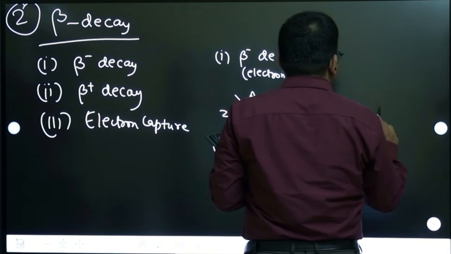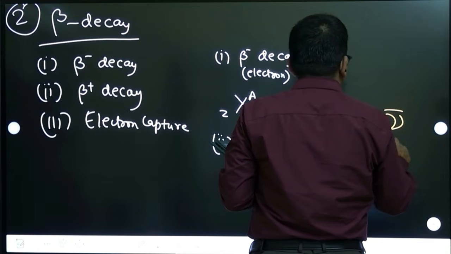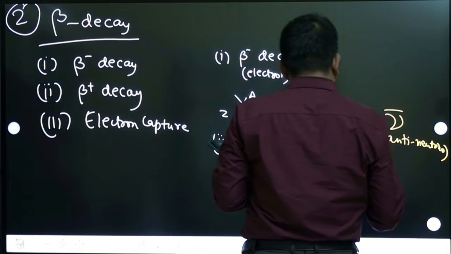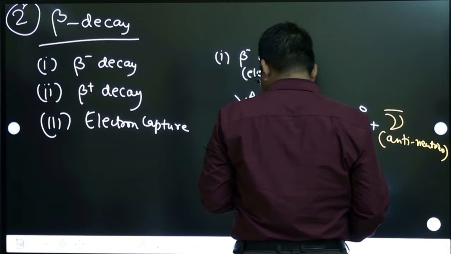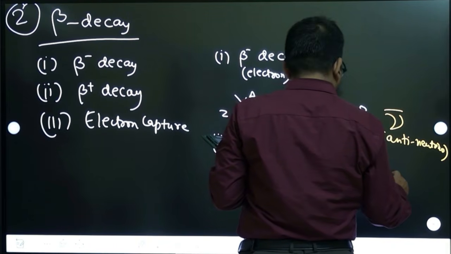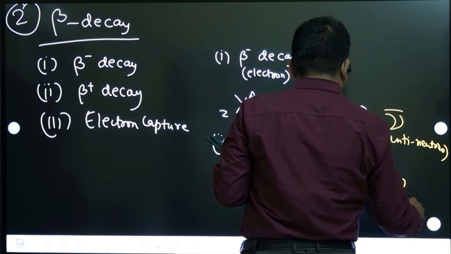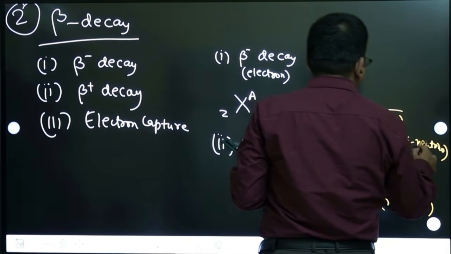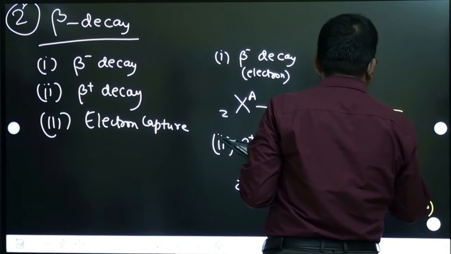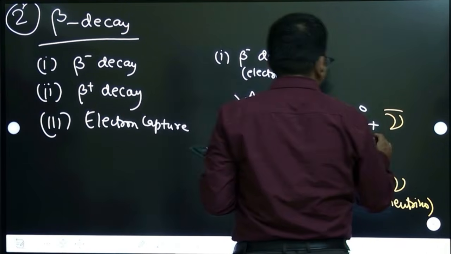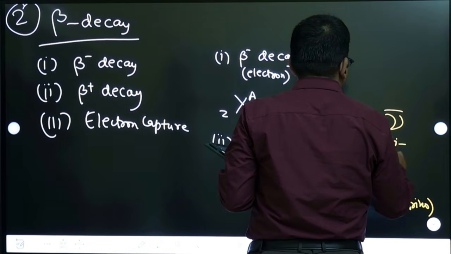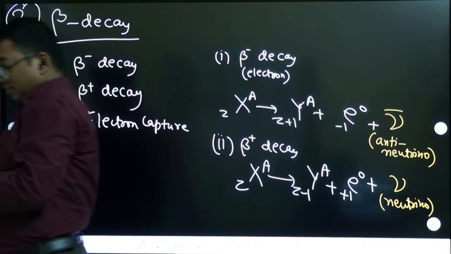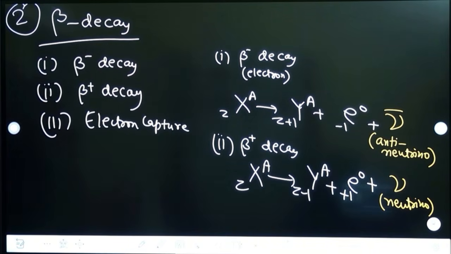This particle is called anti-neutrino. Very important, and it is given in NCERT. On this side it is called neutrino. These are also some kind of particles.